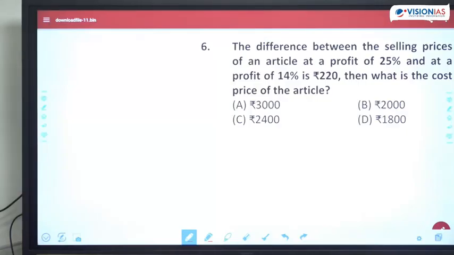The difference between the selling price of an article at a profit of 25% and at a profit of 14% is 220. Then what is the cost price of the article?